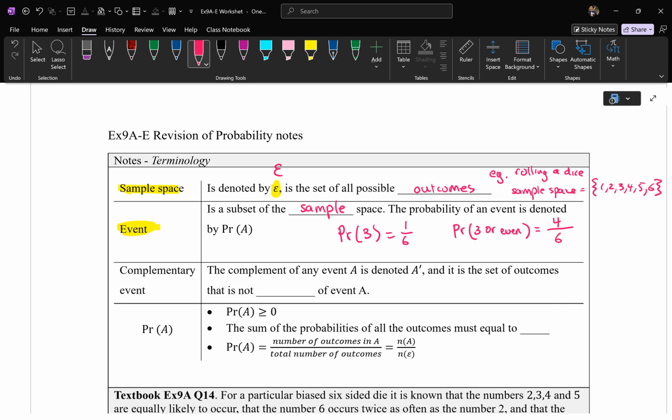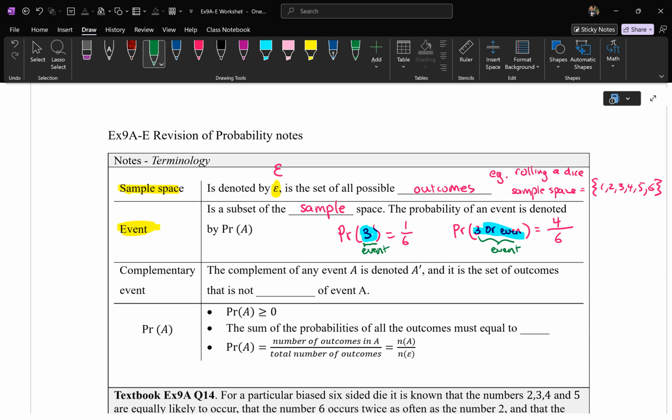But this is called the event. So what I'm highlighting here, this is called the event. So what is it that you're focused on? And usually the event is denoted with a capital letter. You don't use a lowercase letter. You always use a capital letter to denote an event.